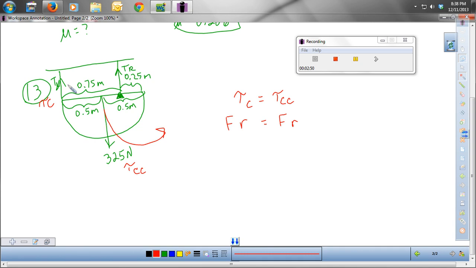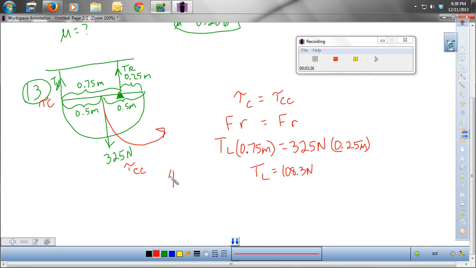So let's look at that. Tension on the left is what I'm looking for. The distance from here to the pivot is 0.75 meters. Now, the weight is in the middle, so it's a 325 newton force, and from here to here is 0.25 meters. So I'm going to solve for the tension on the left, and when I did that, I got 108.3 newtons.